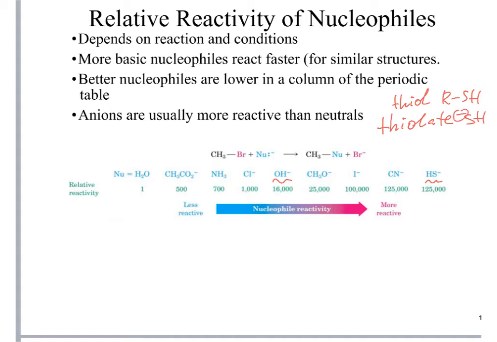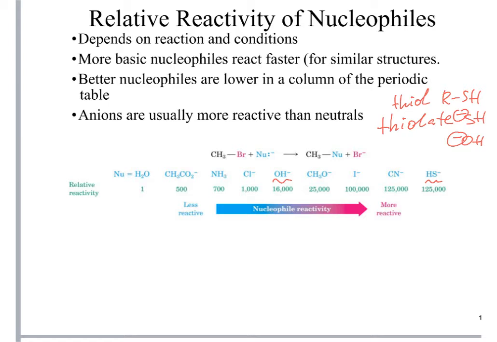So SH minus has the same Lewis structure as OH minus. And notice, since sulfur is larger, the electrons in its outermost shell are less tightly held than the valence electrons in oxygen, so those electrons are more available for nucleophilic attack.